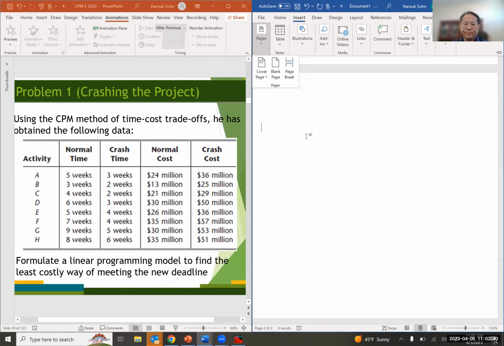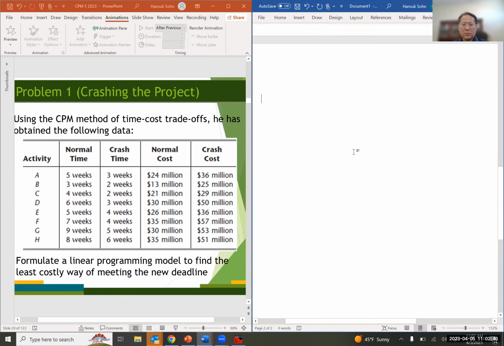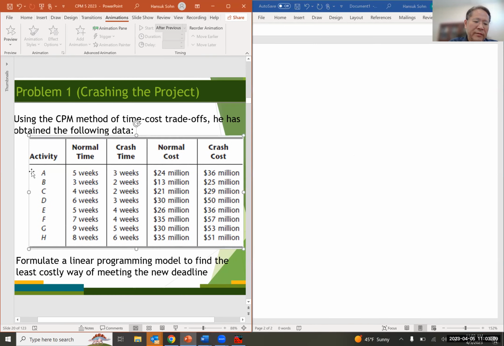So basically the unit crash cost, the weekly unit cost of reducing the duration of activity, let's say activity A first.